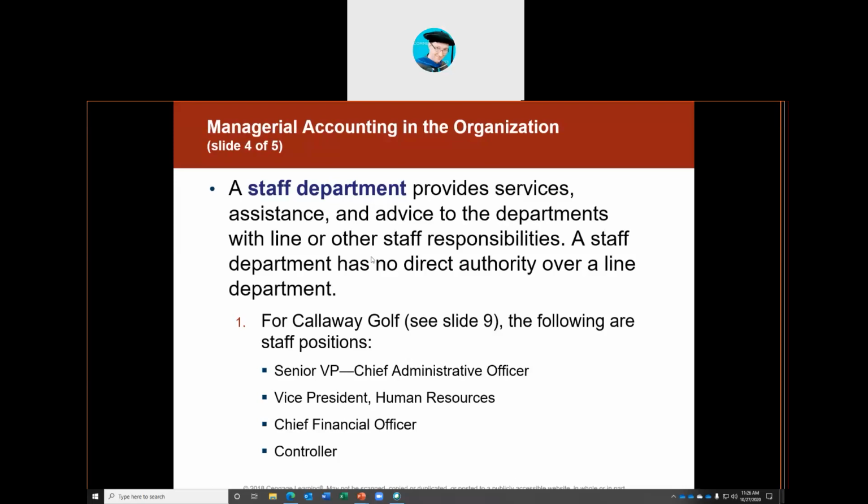These are roles that are not directly faced with customers. This would include departments like administration, human resources, accounting. These are roles that do not directly interface with customers, but they do support the roles that do.